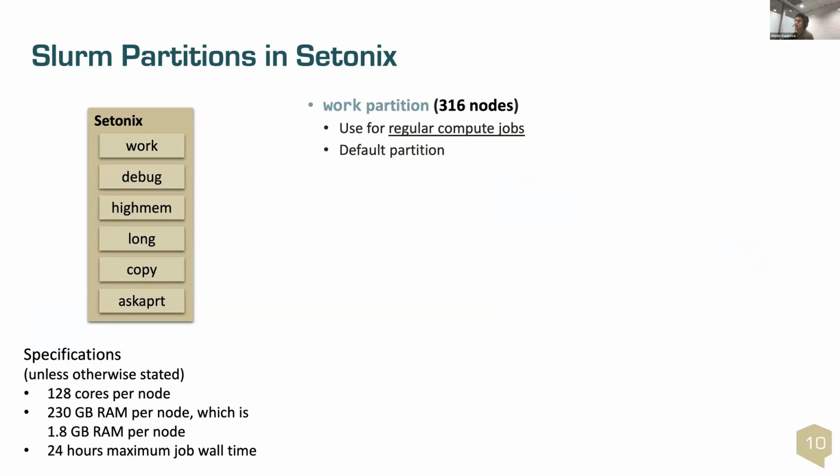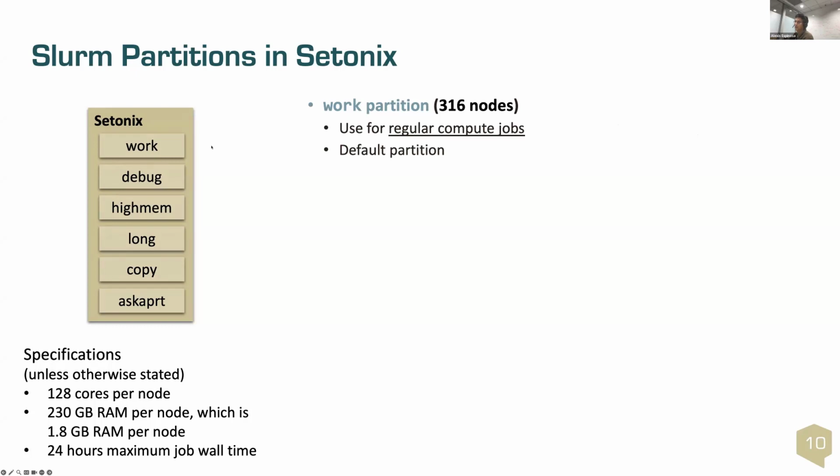So we have, yeah, this is part of the out of date numbers. These are the Setonix partitions: work, debug, high mem, long, copy, and these are only for the CPUs. We also have the GPU partitions.